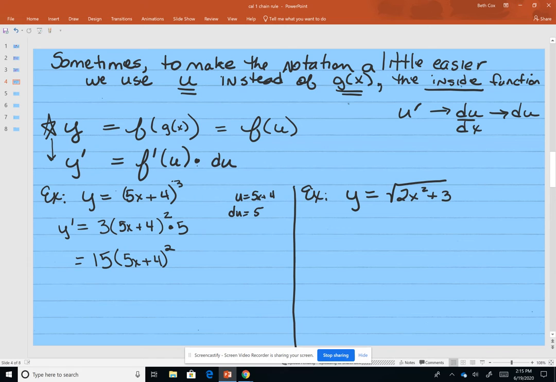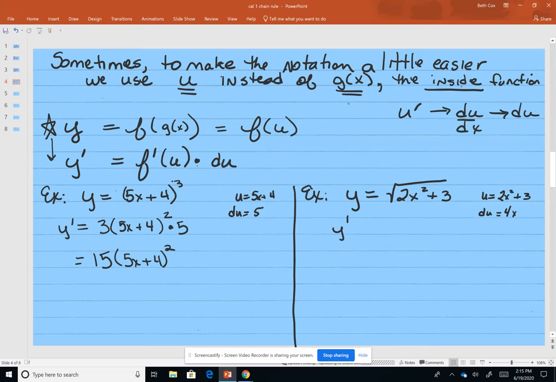Let's try another one. This time my inside function is 2x squared plus 3, and the derivative of that is 4x. Need a skinnier marker.